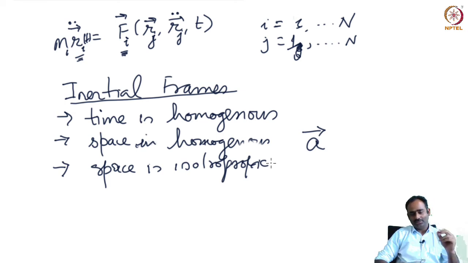Generally, when you talk about inertial frames, you'll be told that if there is a particle and it is not acted upon by any forces, if it is at rest or in uniform motion, it will remain so. That's how you say it. But now we are describing inertial frames not by appealing to what happens to a particle, but rather by saying what is the nature of time in such a frame and the nature of space in such a frame.